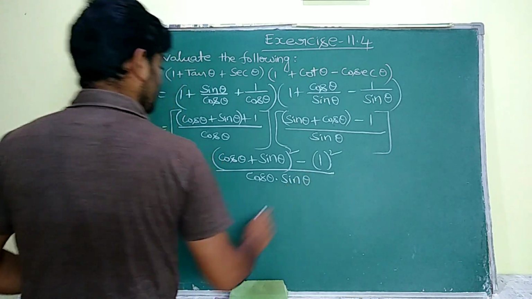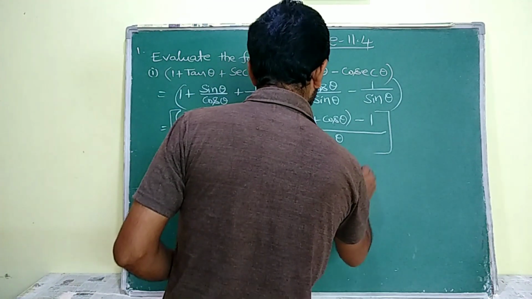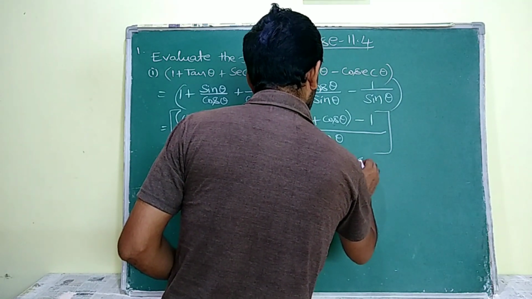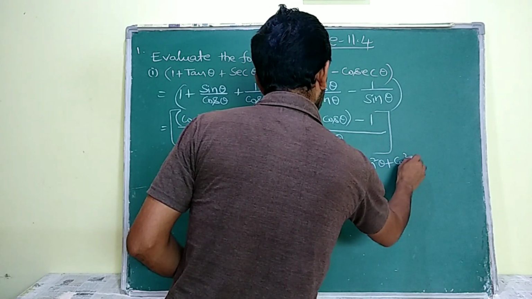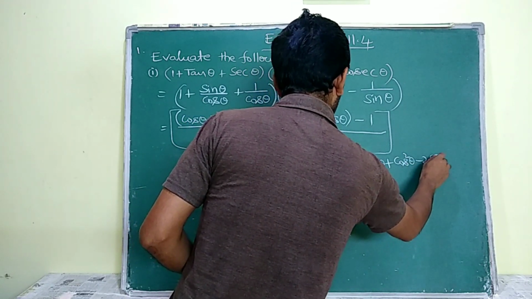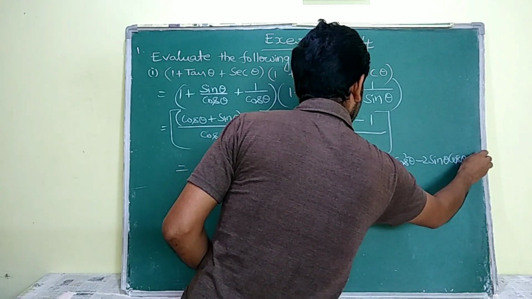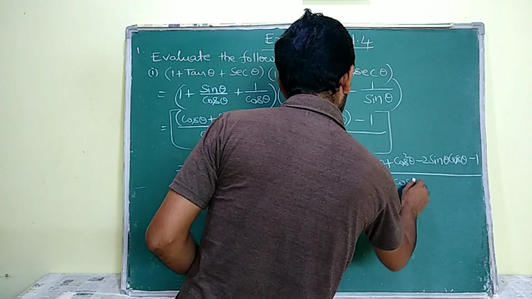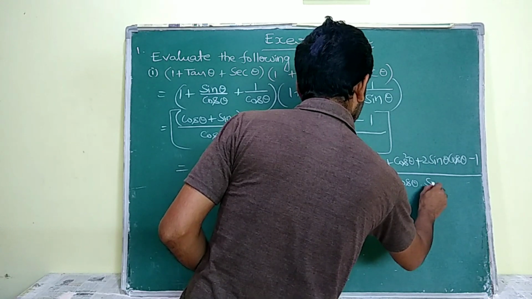So almost your answer is finished. Now it is like (a + b) whole square. Expanding this, sin square theta plus cos square theta plus 2 sin theta cos theta minus 1, whole by cos theta sin theta.